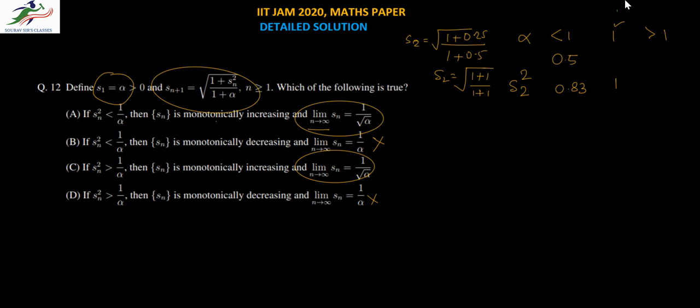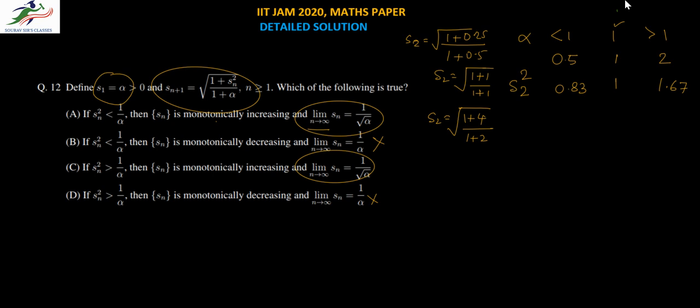And when alpha is greater than 1, for example, alpha is equal to 2, then S2 would be root over of (1 plus 2 square, which is 4) by (1 plus 2, which is 3). So S2 square would be 5 by 3, or 1.67.